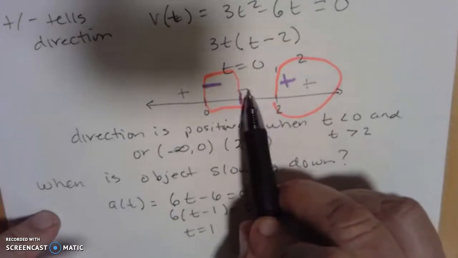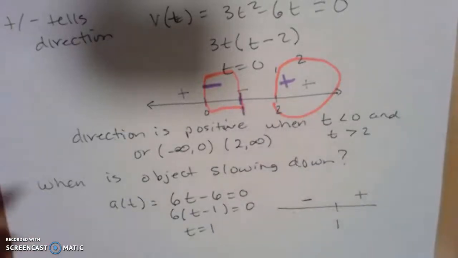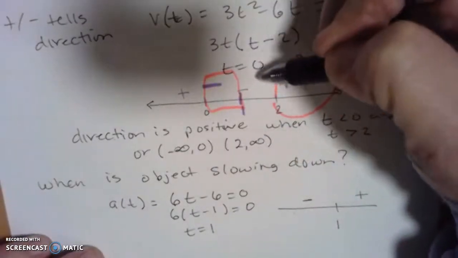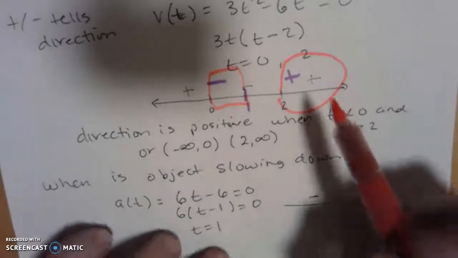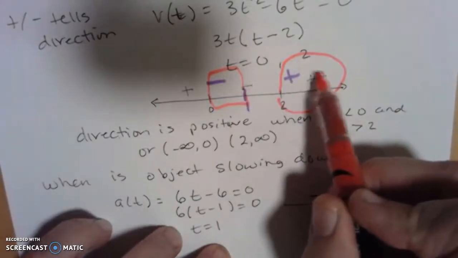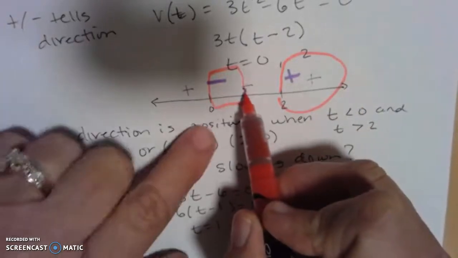Oh wait, that's not the same sign right here. Pause. Okay, so after 2, they have the same sign, and between 0 and 1 they have the same sign.